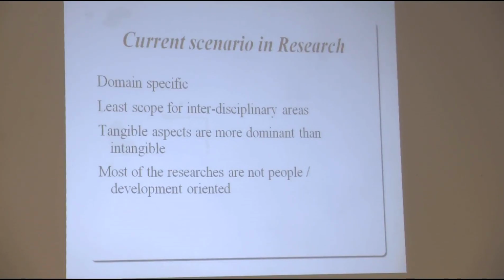A department makes projects for a site, does some level of documentation or digitization, then comes back and submits their reports, and the project is closed for them. It is not reaching back or getting evaluated by research in the same area by another department. So there is least research in the interdisciplinary area, and that is the major focus at this moment.